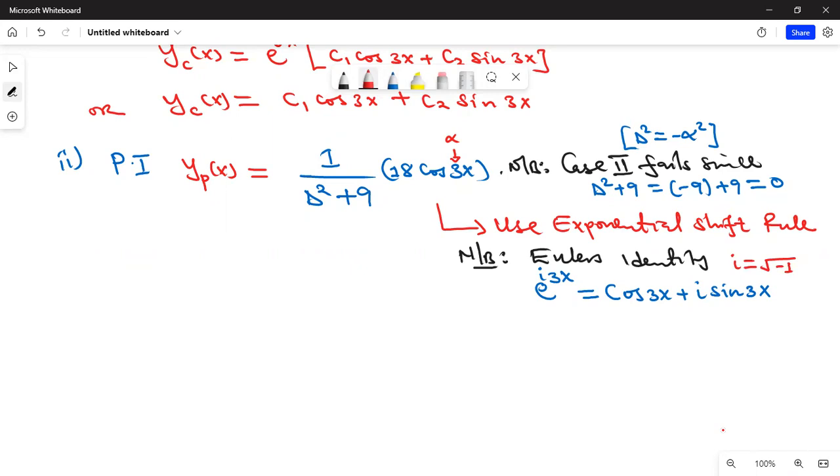So that's what I'm going to do. Instead of cosine 3x, I'm going to replace it by exponential i3x. And you see, cos 3x is the real part of that complex number.